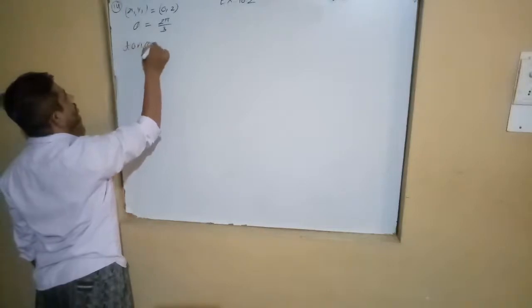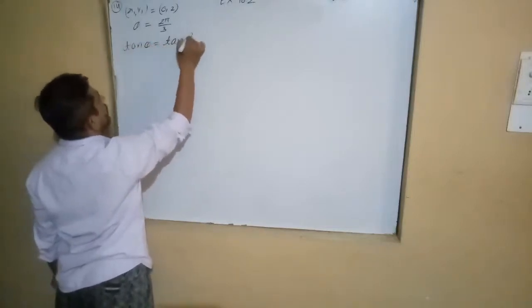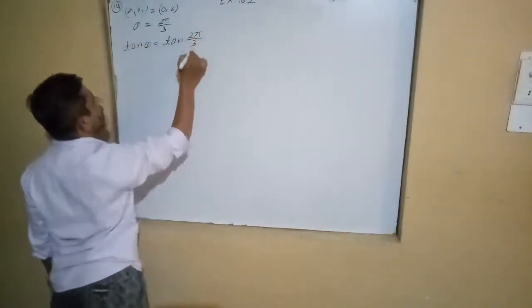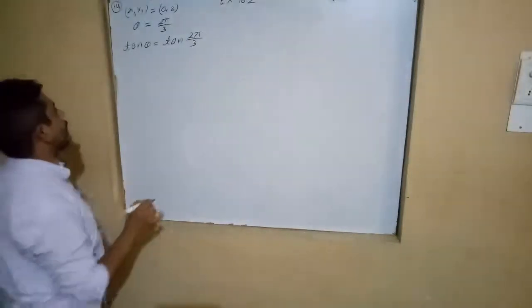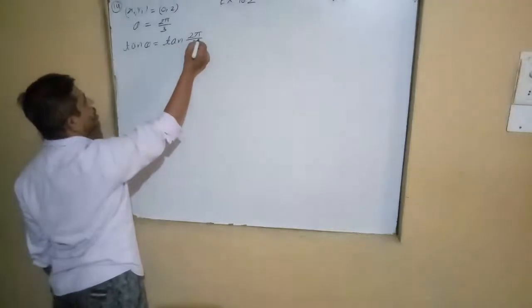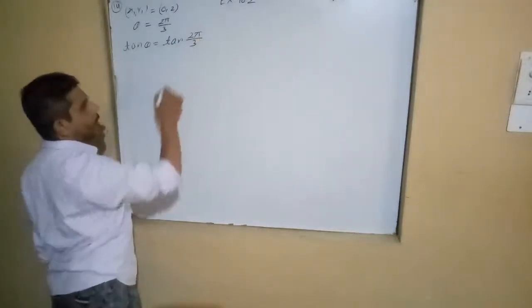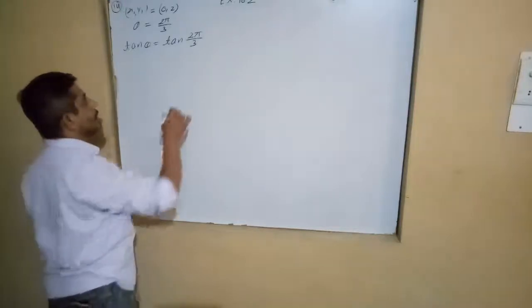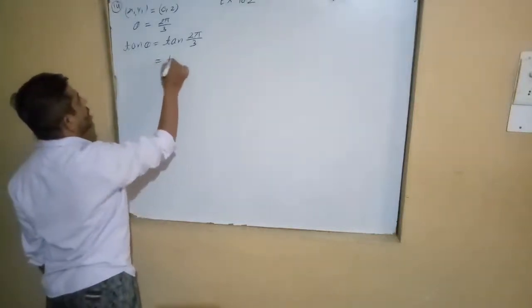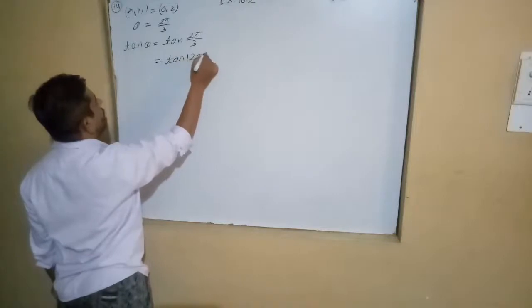So tan theta, what will come? Tan 2 pi by 3. 2 pi by 3 means it lies in which quadrant? Pi is equal to 2 pi, 2 pi is equal to 360 degree, by 3. We can write here tan 120 degree.